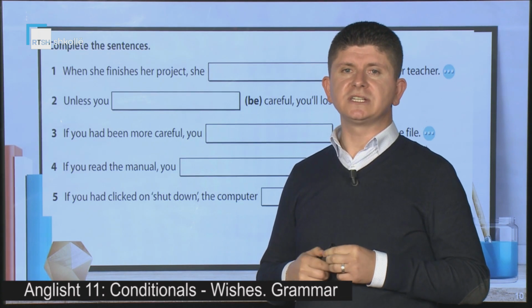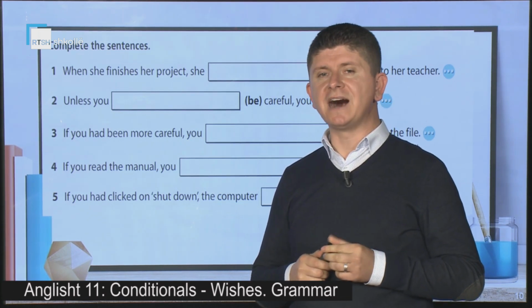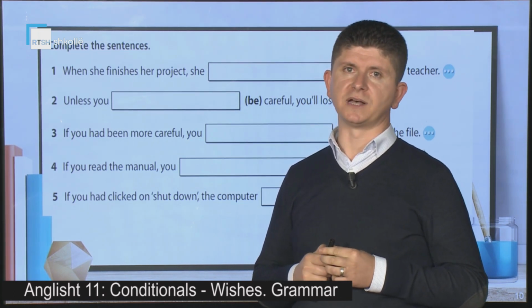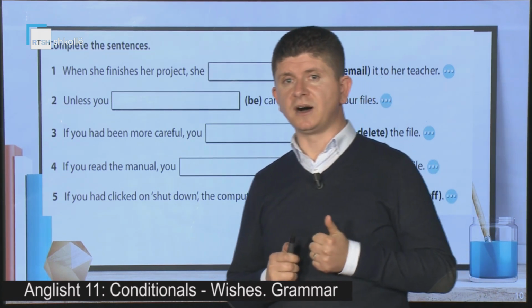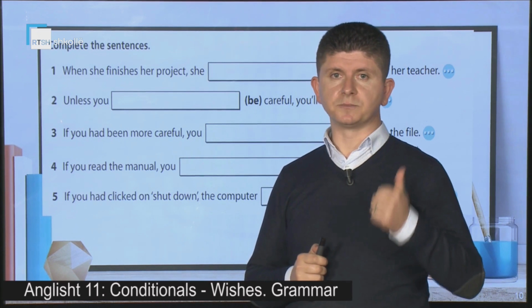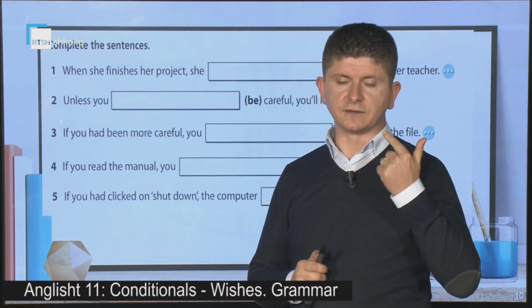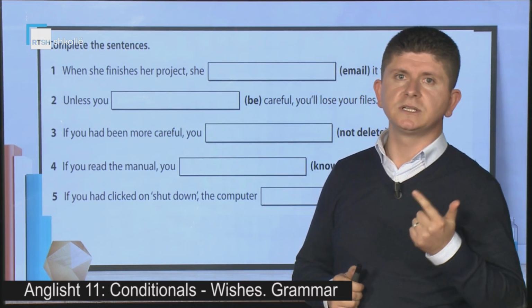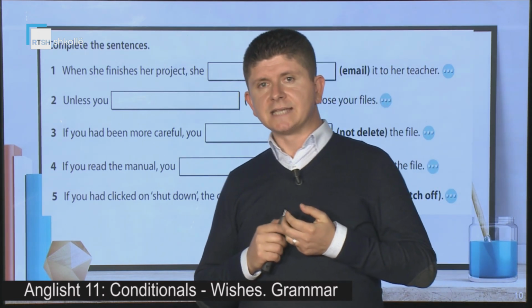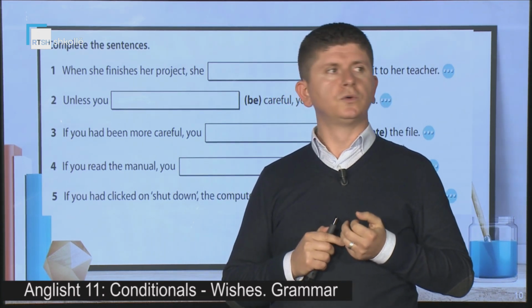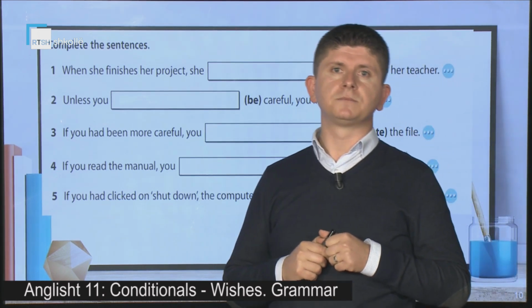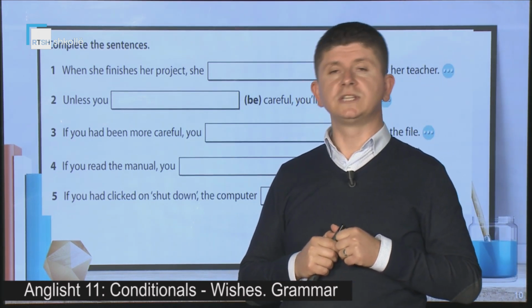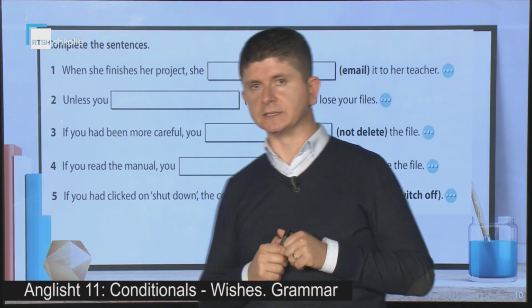And the third conditional is used to express unreal situations about the past. Again, the verb forms that you must remember are: zero conditional, present simple, present simple. First conditional, present simple, will plus verb. Second conditional, past simple, would plus verb. And the third conditional, past perfect, would have plus past participle.